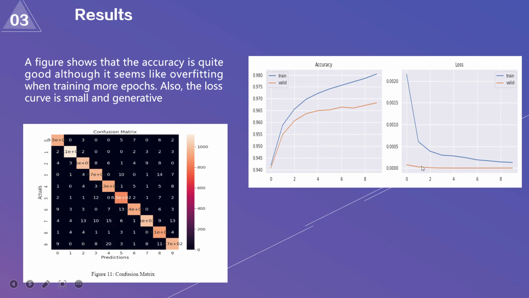The value is very small in the last epoch. In the confusion matrix, the matrix shows that the classification is very good. It has small error with the large number of training samples, so it's very small.